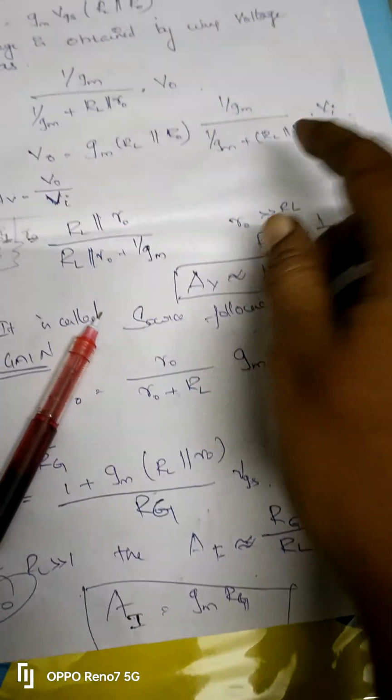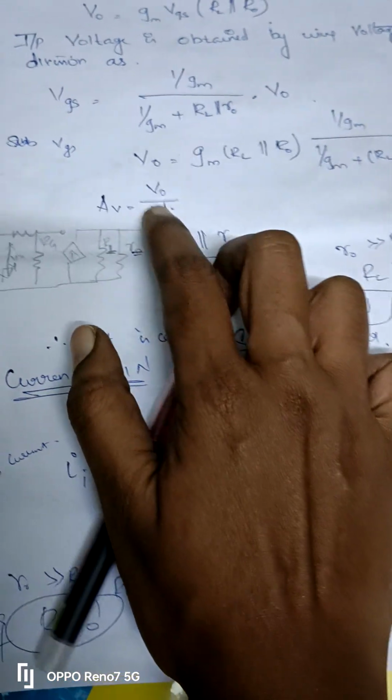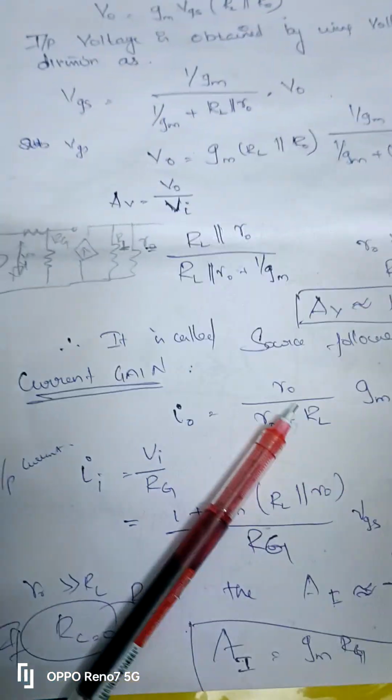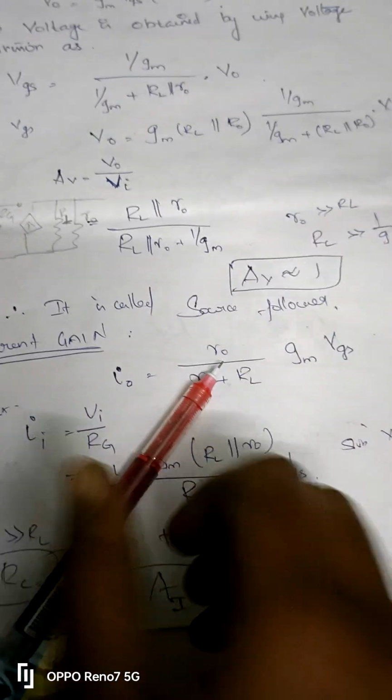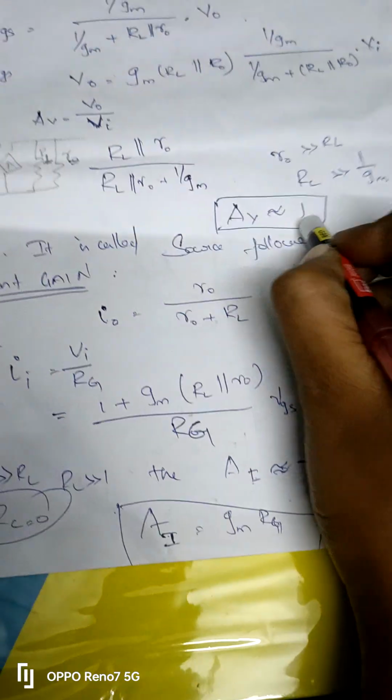So the voltage gain is V0 divided by Vi. The voltage gain is unity, AV is almost 1.